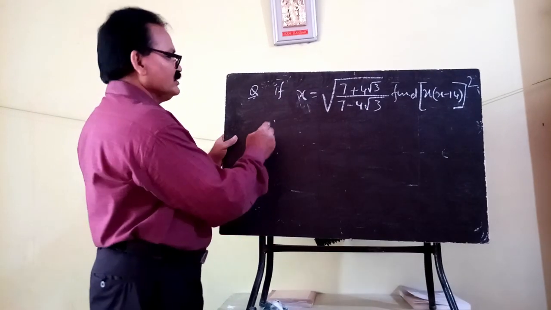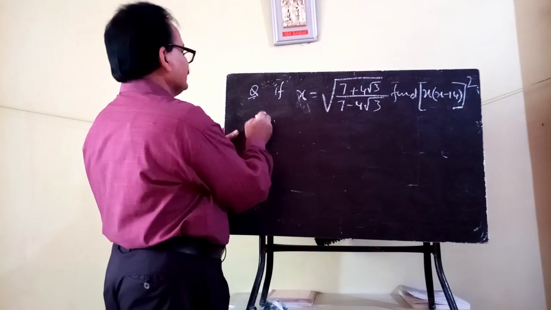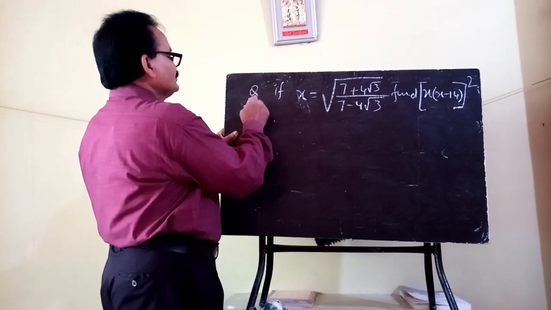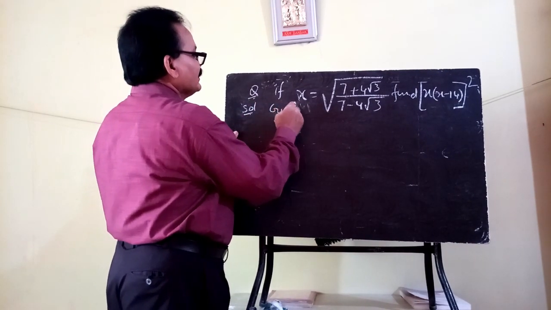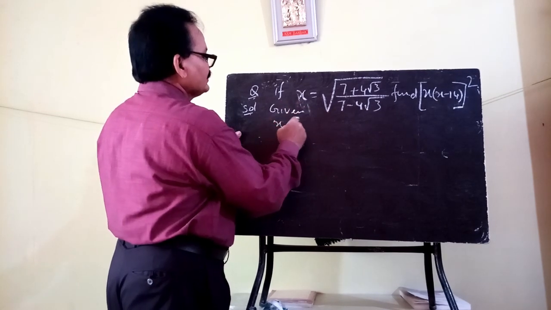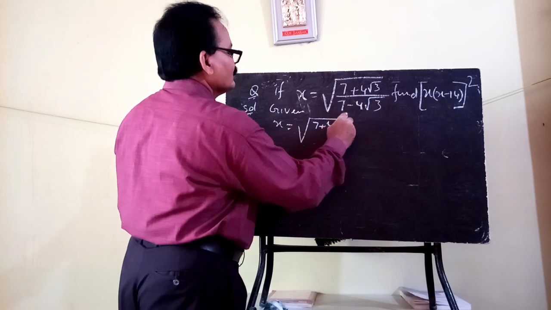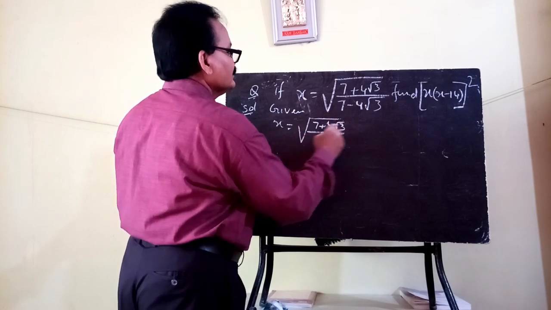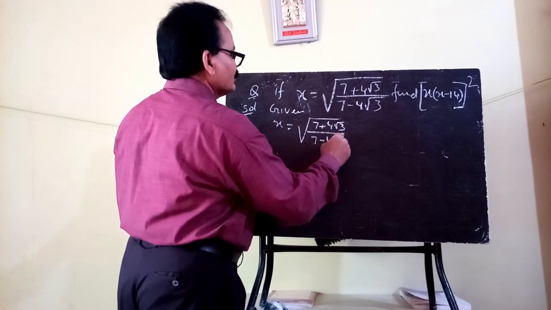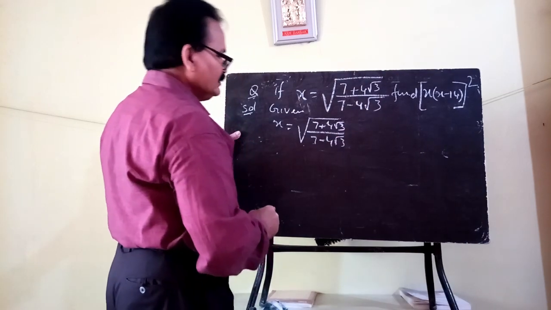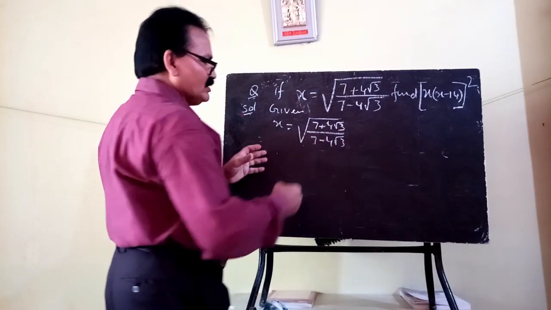So here also you have to solve the given part first. For the solution you write: given x equals square root of (7 plus 4 root 3) by (7 minus 4 root 3). Okay, so first you have to solve it.